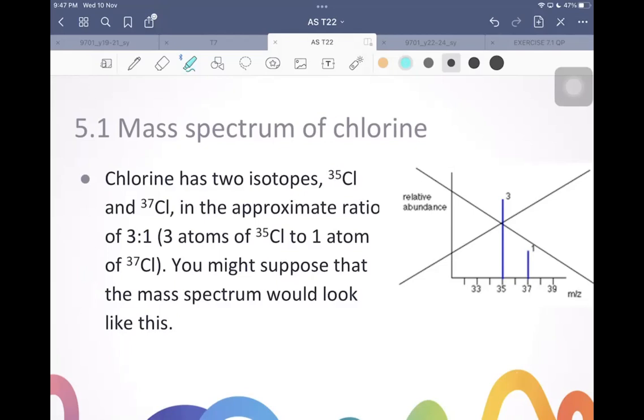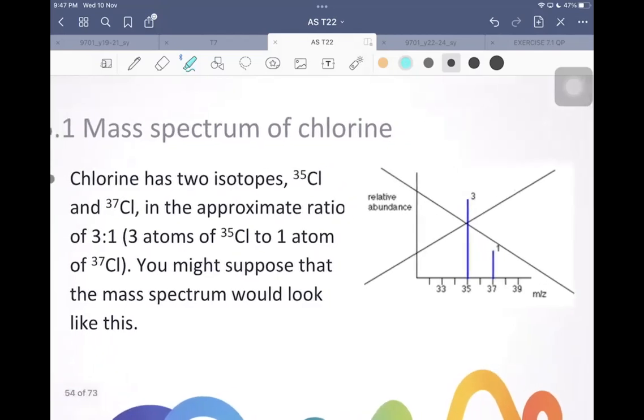So you may think that the spectrum would look like this. There's a signal at 35, which represents 75% because it's 3:1. I hope you know how to turn your ratio into percentage. For chlorine-37, the relative abundance is 25.